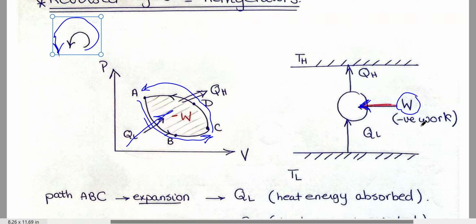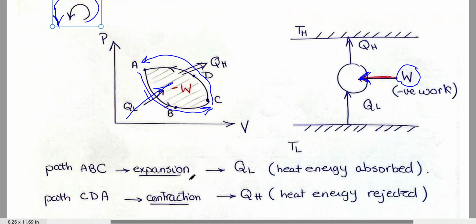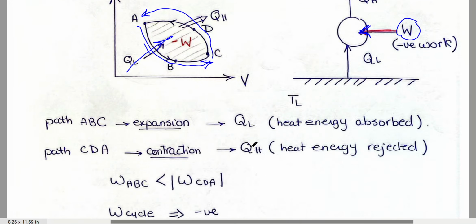This is negative work. What does the refrigerator do? It is absorbing heat from the low temperature reservoir and rejecting heat to the high temperature reservoir. So now heat absorbed is QL and heat rejected is QH.